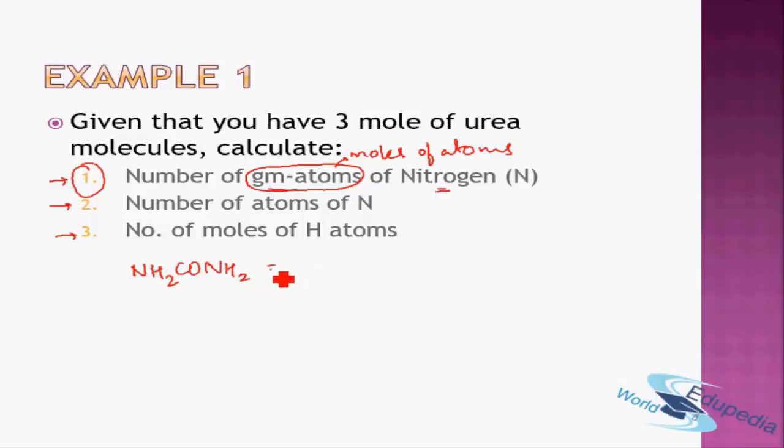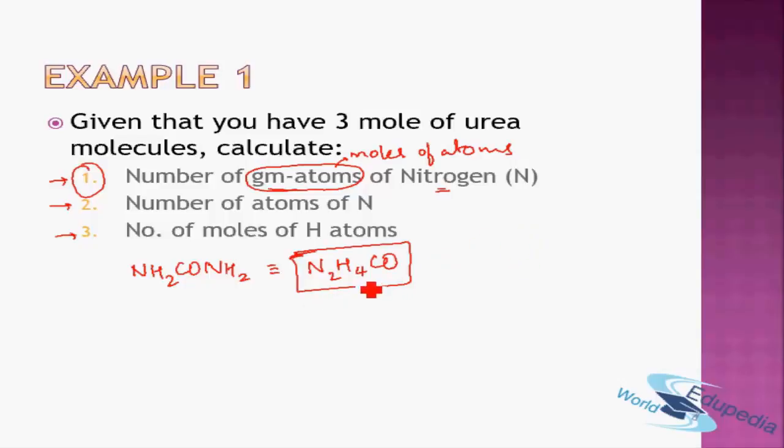This you must memorize and remember, that urea is NH2CONH2, that means it is N2H4CO. This will be the molecular formula of urea. Finding the number of moles of atoms of any one kind in a given compound is very simple.